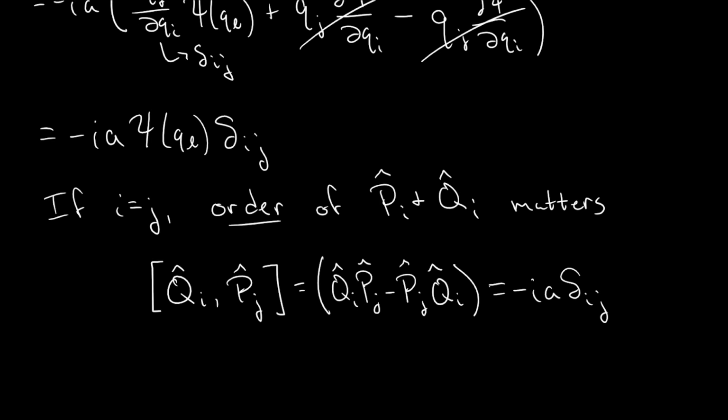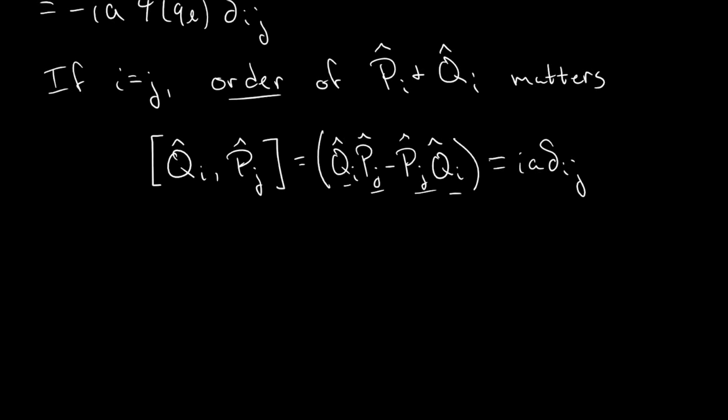Or I guess, sorry, other way around. It's positive iħ delta ij, because I've flipped the order of these guys. So I called this term positive above and this term negative above. So I just flipped a total sign, and that's why this sign is different here.